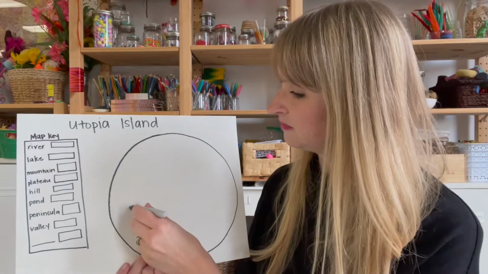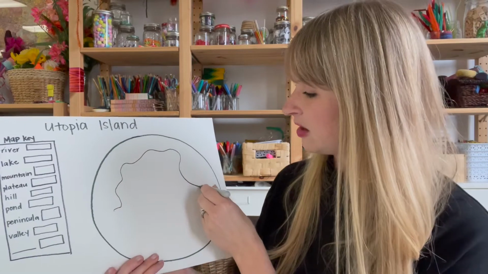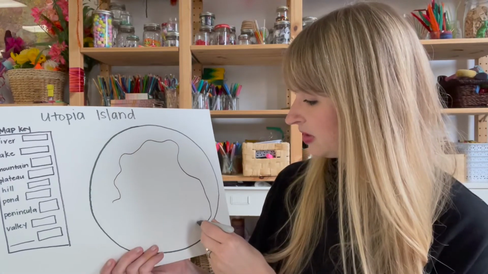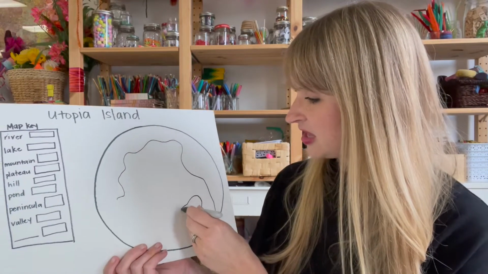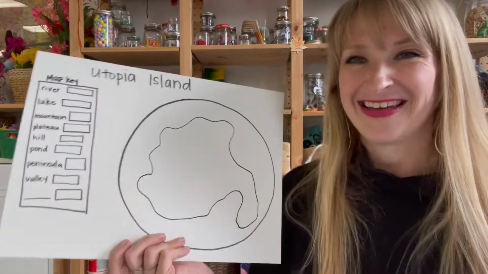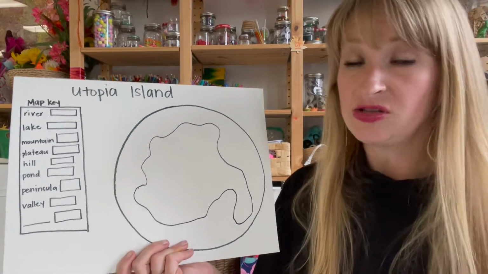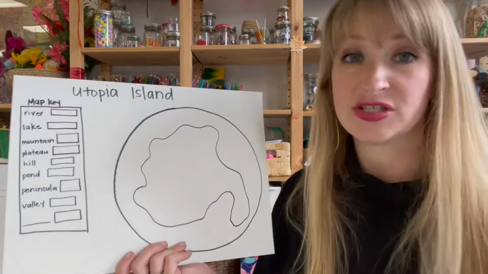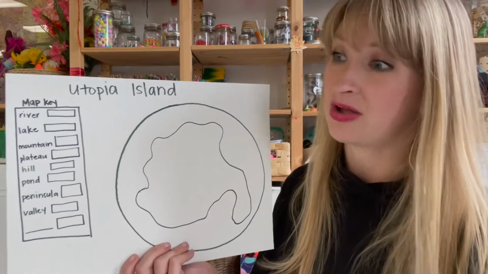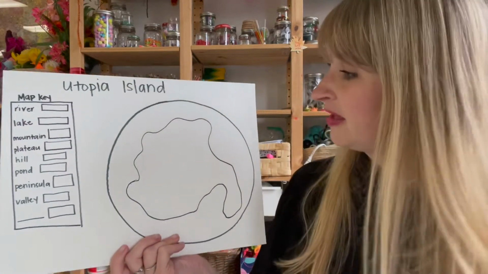So let's see here. Okay, I'm going to do a wiggly wobbly shape. Here will be my peninsula, and then I'm going to go out. There's my island. One thing that I really love to do is snowboard. And in order to snowboard, you have to have mountains. So I'm definitely going to include some mountains on my Utopia island.